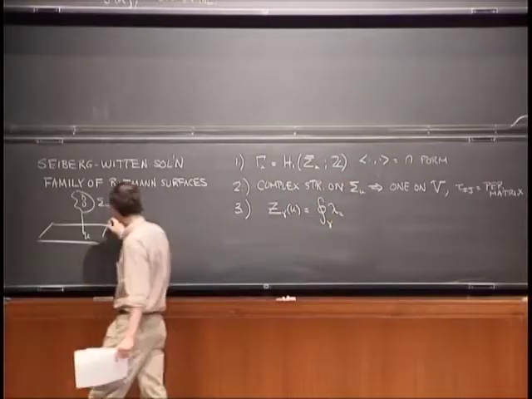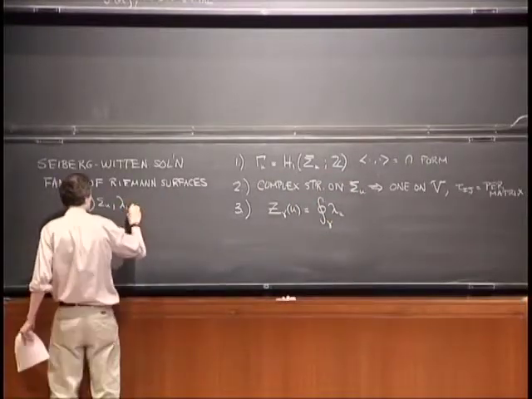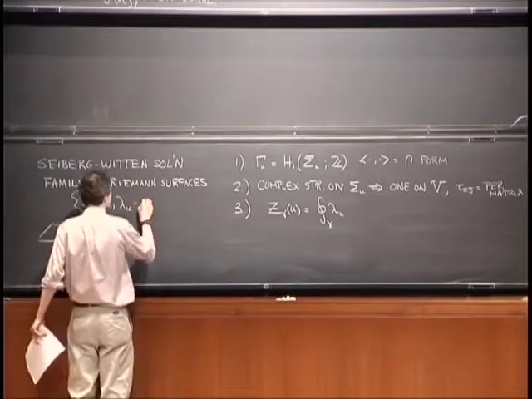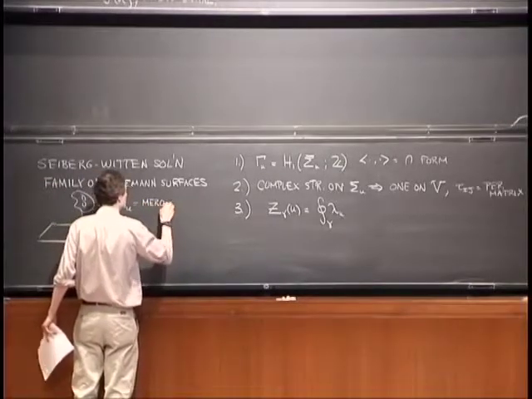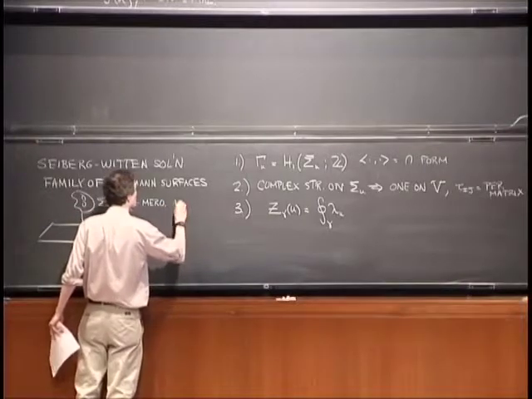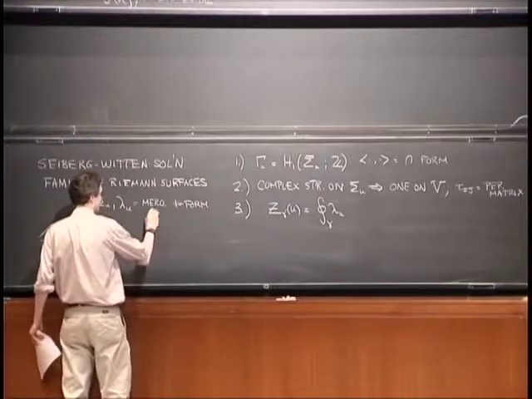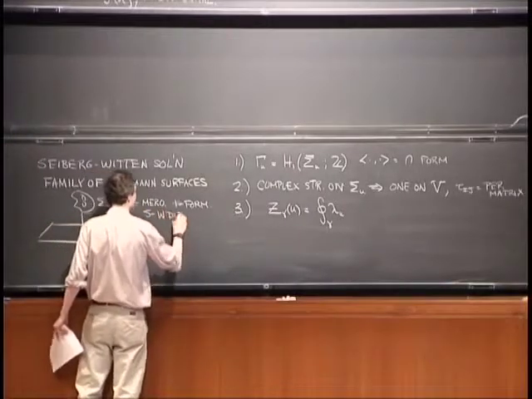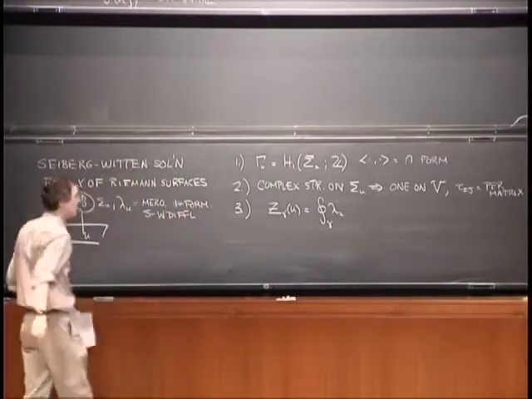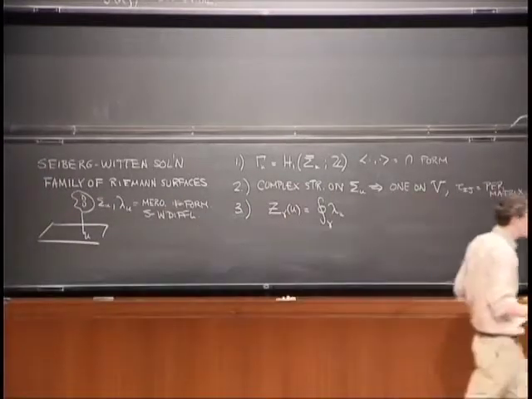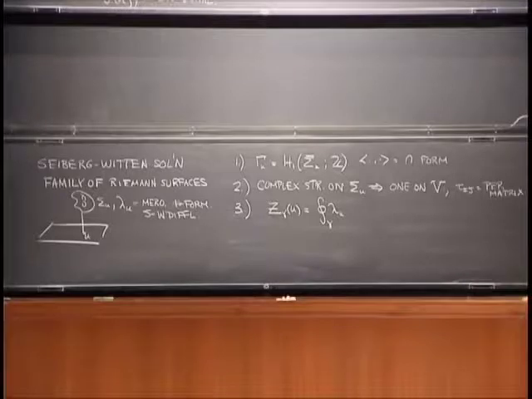So this is not just a Riemann surface, but a Riemann surface endowed with a meromorphic one form, called the Seiberg-Witten differential. And so that's an extra piece of data that you have to specify to determine the theory.